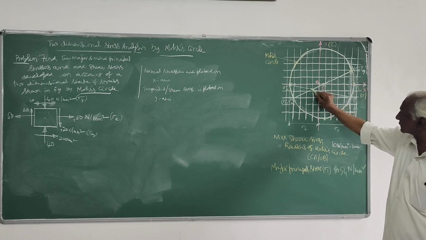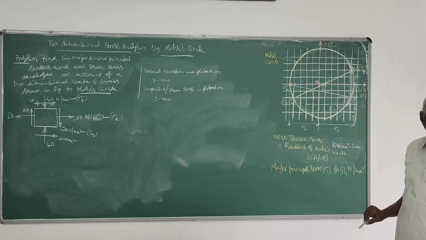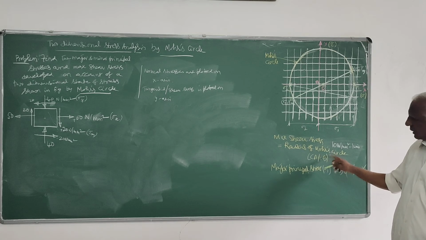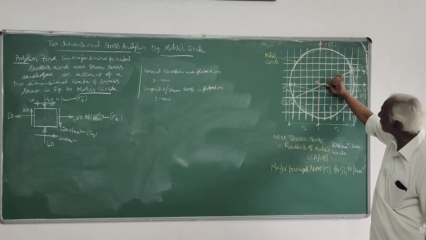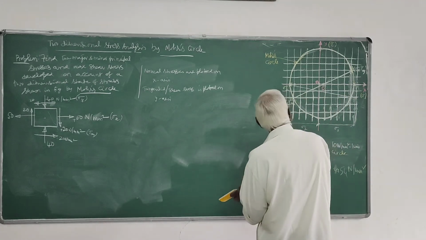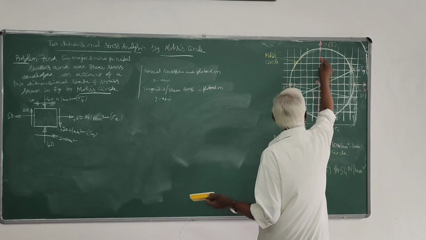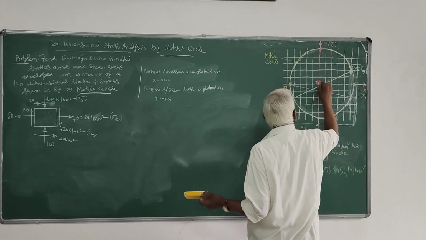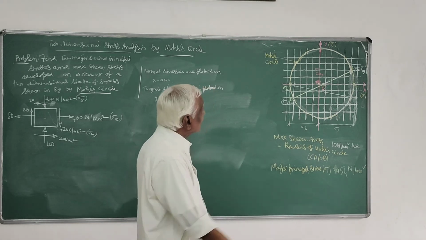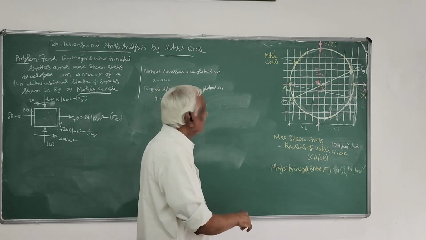You can take this value as tau max, 49, because that itself is the radius.